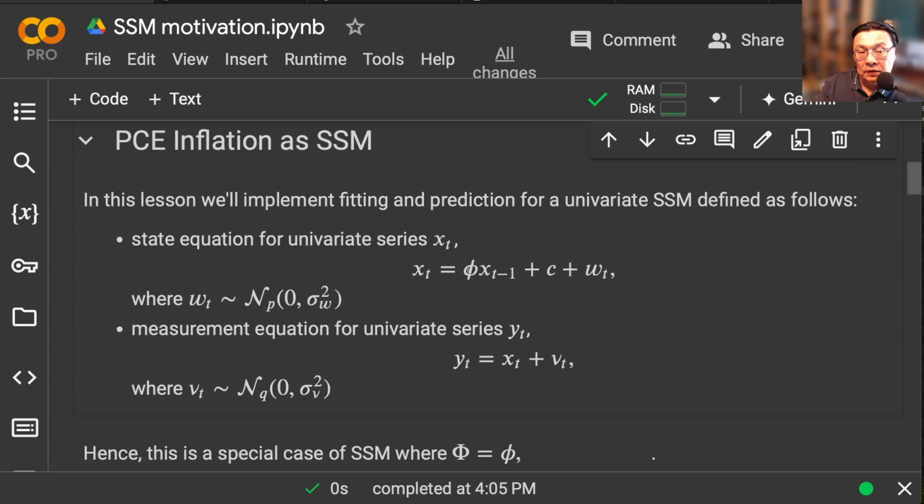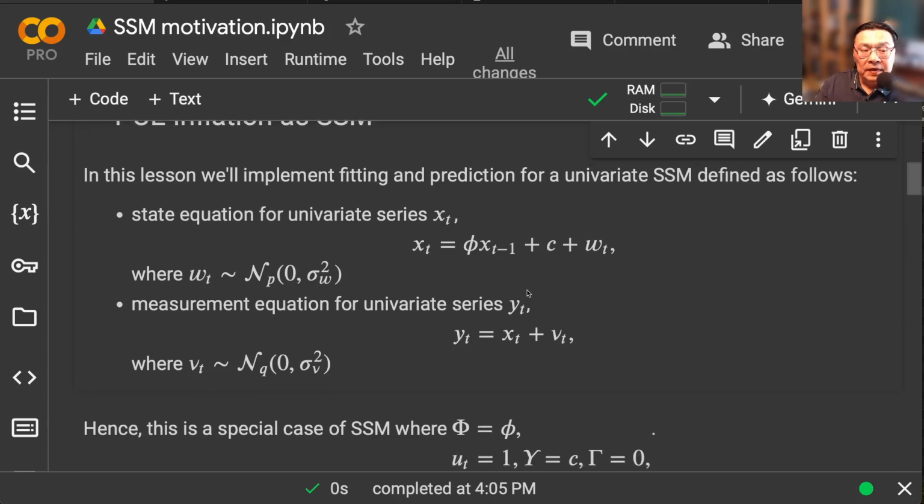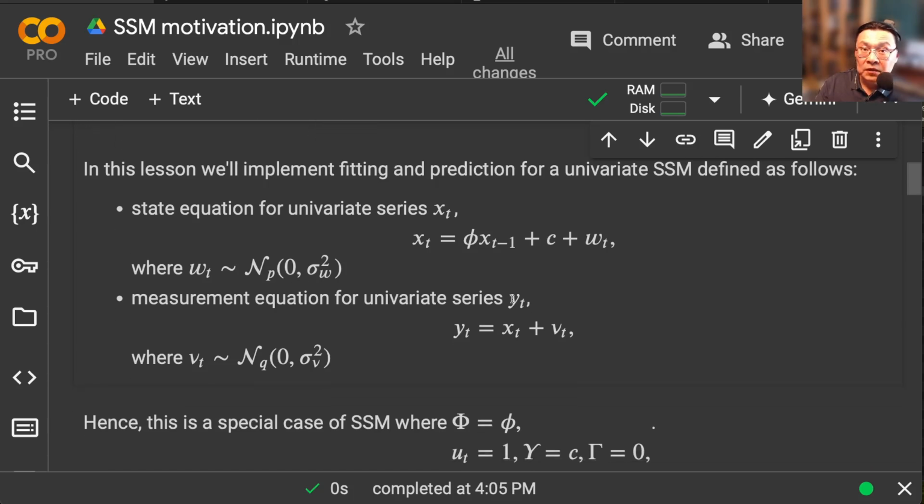It's autoregressive: phi x_{t-1}. You recognize it as an AR(1) process, and there is a constant, right? So very simple. But then the measurement equation is even simpler, right? So we're saying there is some state and there's some measurement error. That's all. There's only two components to it, right?